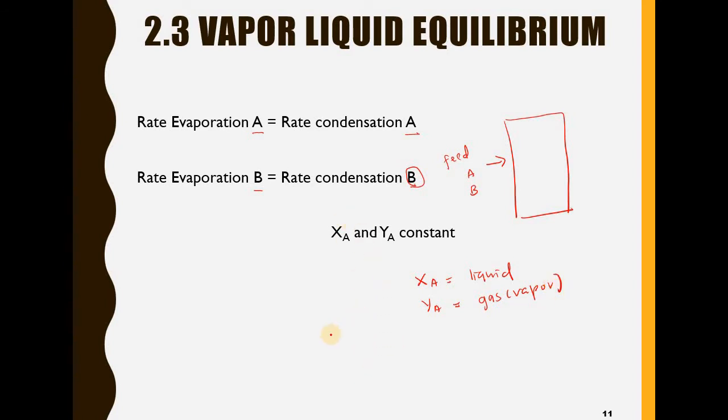There is actually XB and also YB, but when we are separating one component from another, we only focus on one component. Our desired component is actually A, so we just focus on component A. XB and YB do exist, but we only calculate for XA and YA.